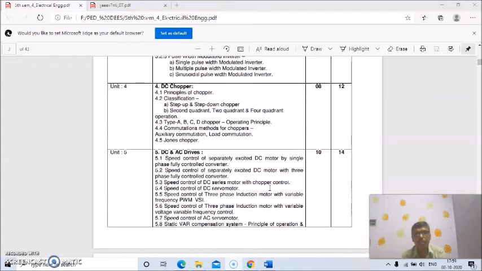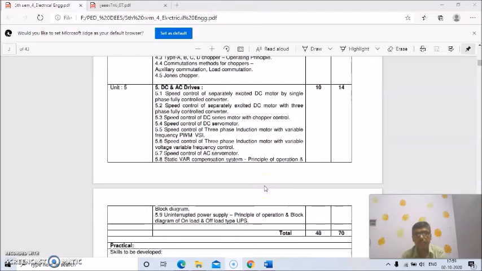Here we will discuss different speed control methods of DC motors, AC motors, then UPS, etc. So speed control will include separately excited DC motors with single phase fully controlled converter, three phase fully controlled converters, then DC series motor speed control, DC servo motor, then three phase induction motors in case of speed control of the AC motors.